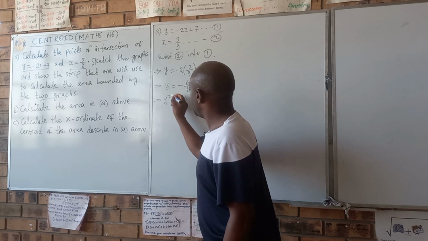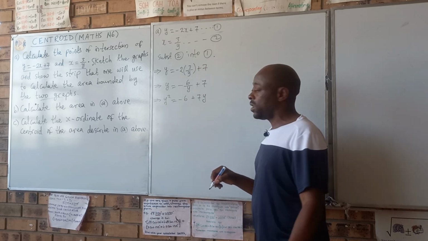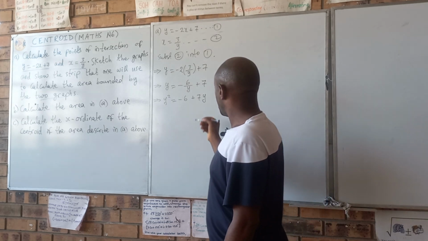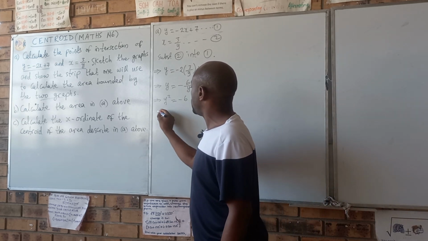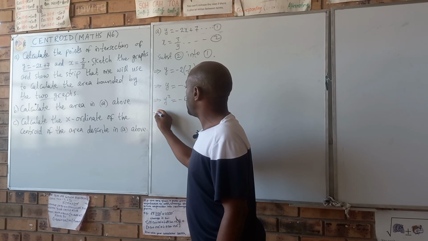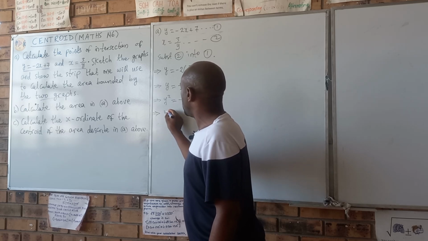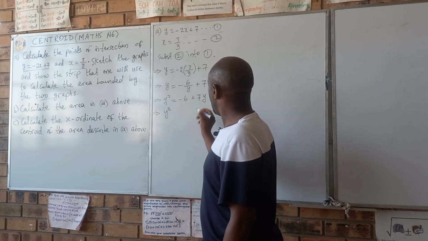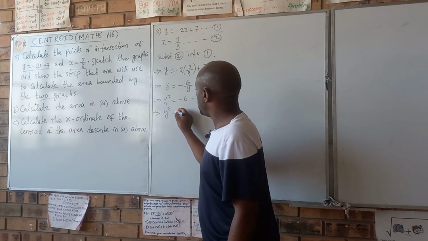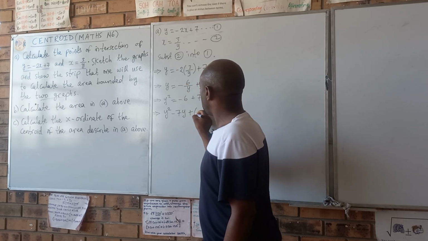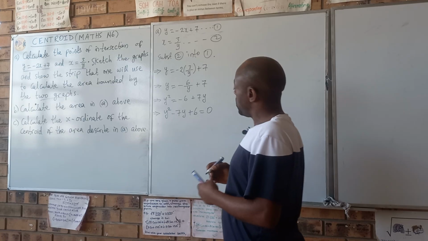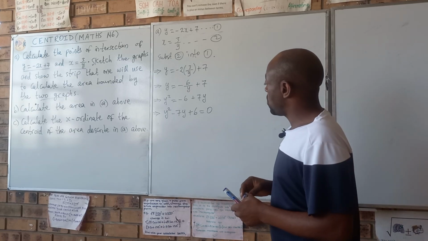So we now see that the presence of the square is showing us that we've got a quadratic. So to solve a quadratic, everything must be sent on one side with 0 on the other side. So I get y squared, that will go as negative 7y plus 6 is equal to 0. So that's a quadratic.